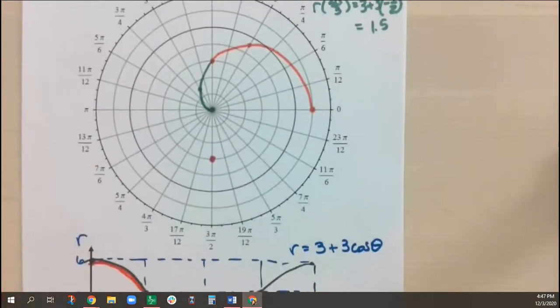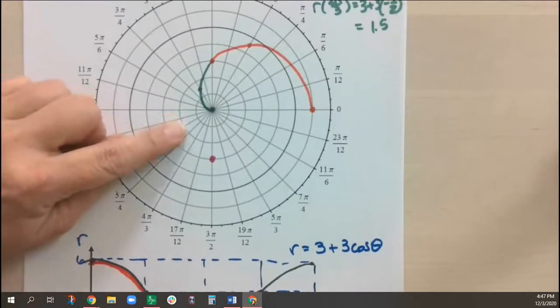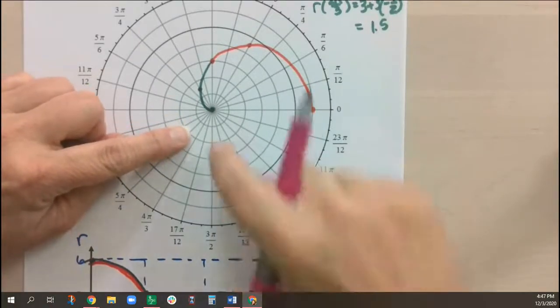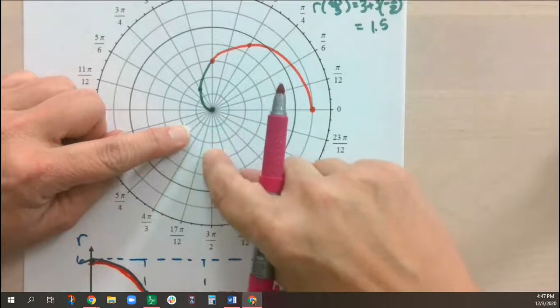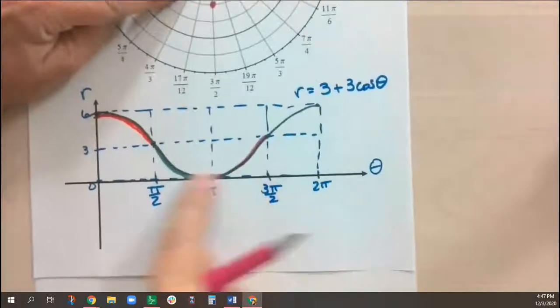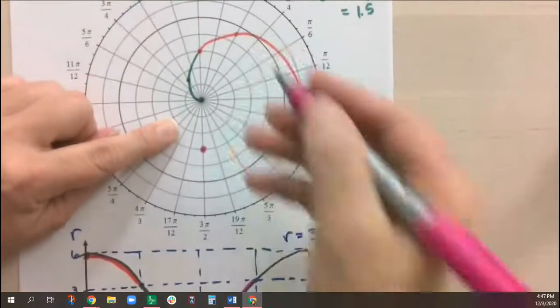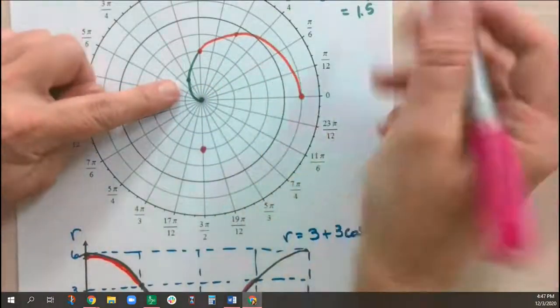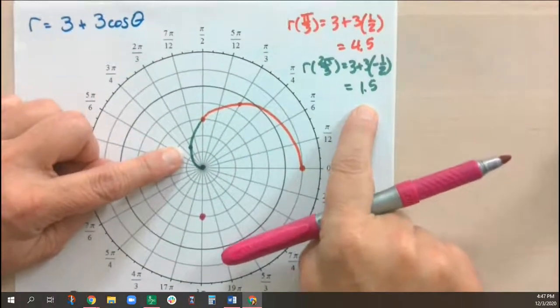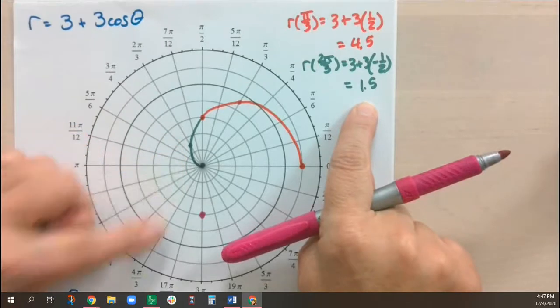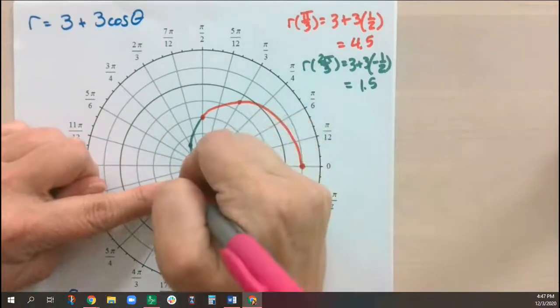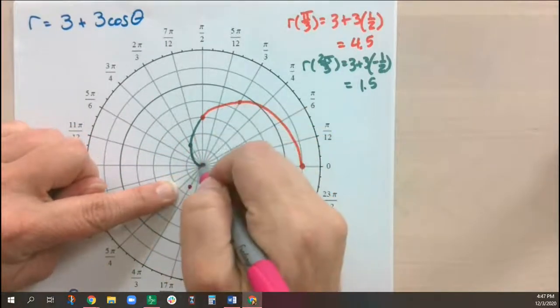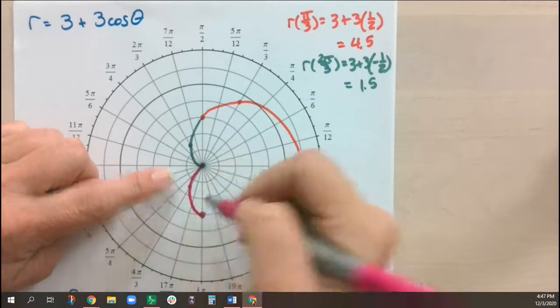Same thing's going to be true in their polar counterparts, that it's going to be symmetric here in quadrant 3 to quadrant 2, just like it is down here on this graph. So this 1.5 point that we found at 2 pi over 3, we're going to have that same point at 4 pi over 3. And the graph is going to connect like that.